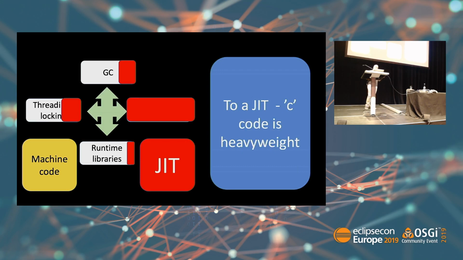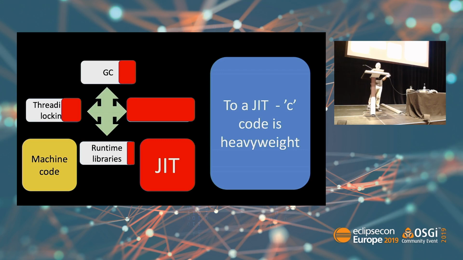From a JIT point of view, C code is really heavyweight. You may not think about it, but C code has its own structure, has error handling, it has frames, there's all sorts of things that look very much like Java code in one level. And it's there to make sure that if you do something stupid in C code, you don't hang your machine, or okay, it's there to protect you.